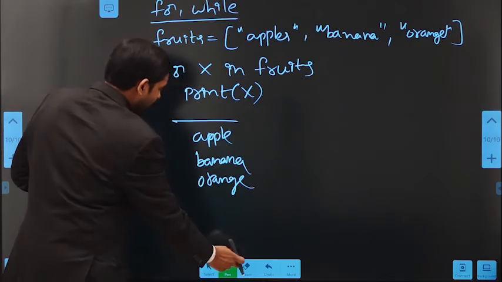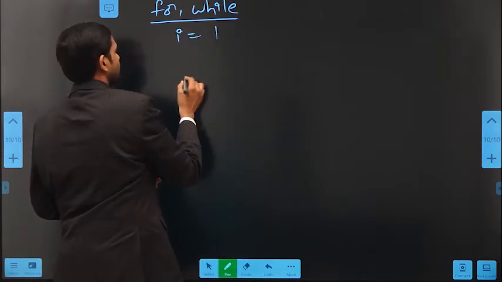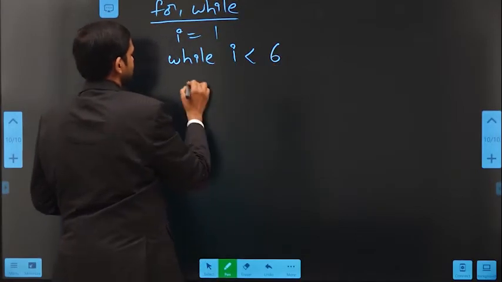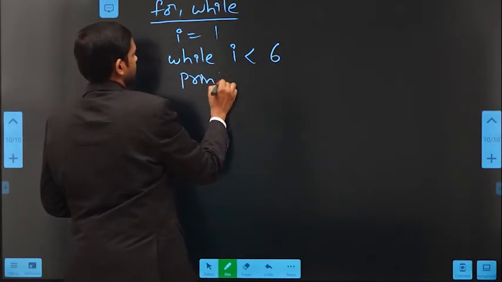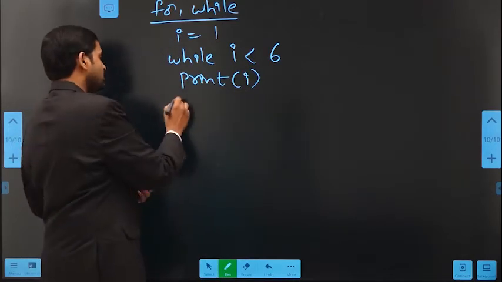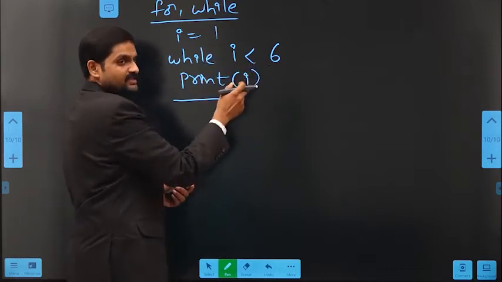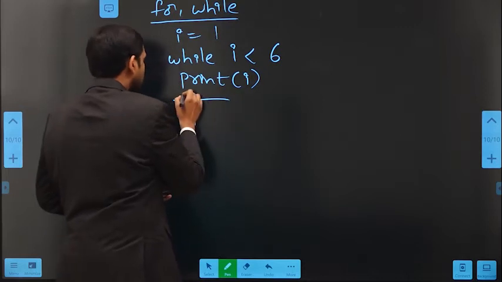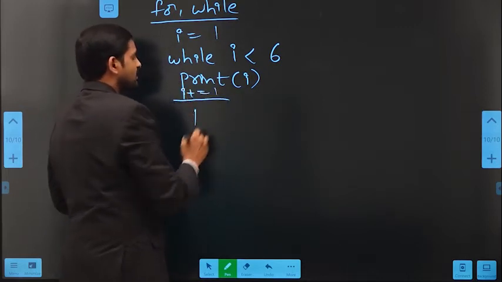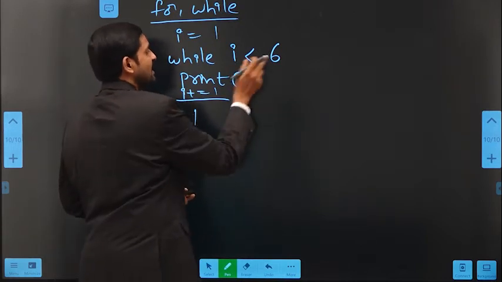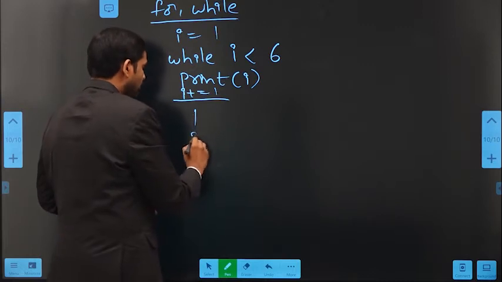And coming to the while looping, i = 1, while i < 6: print i. What is the output? 1 less than 6, true, 1 will be printed. You have to do the increment also, i += 1. i is incremented to 2, 2 less than 6, condition true, 2 printed.